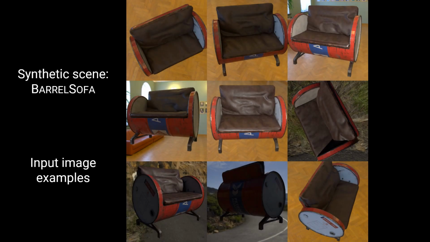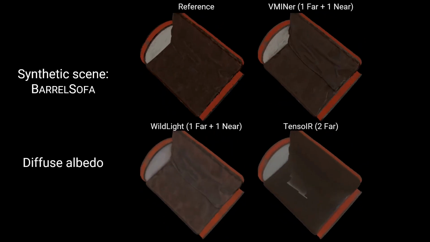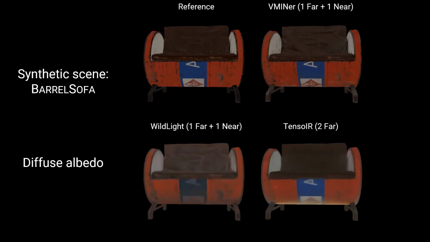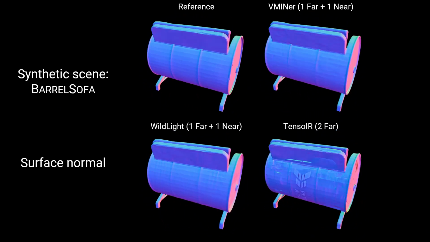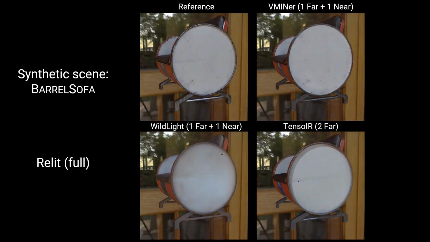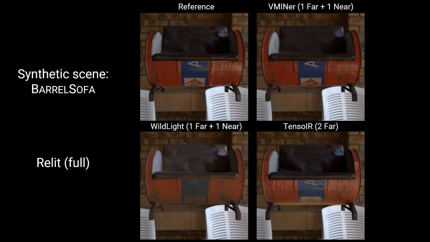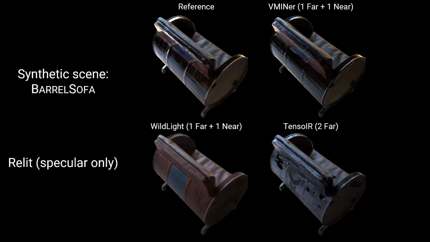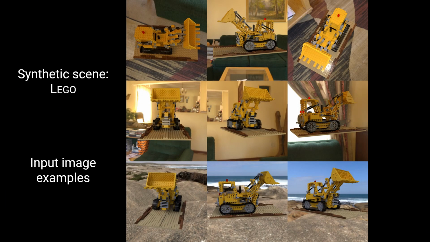Now we show the comparison of VMINer with other state-of-the-art methods. We first show qualitative comparison on 3 synthetic scenes. The first scene is barrel sofa. The second scene is Lego.